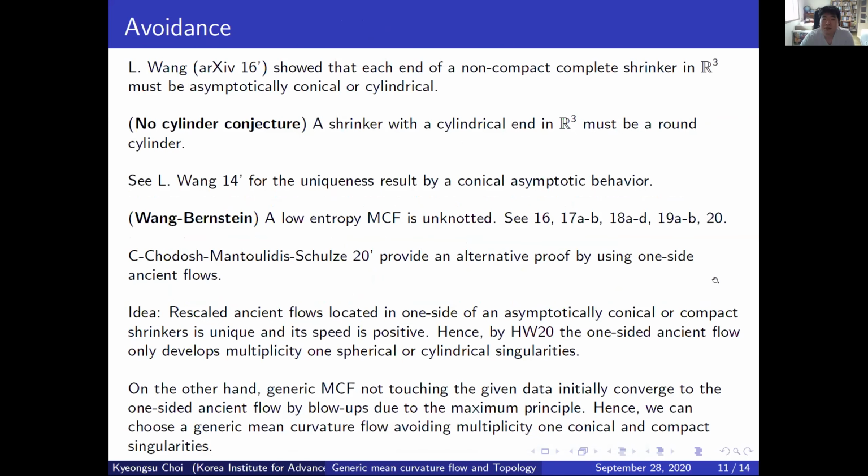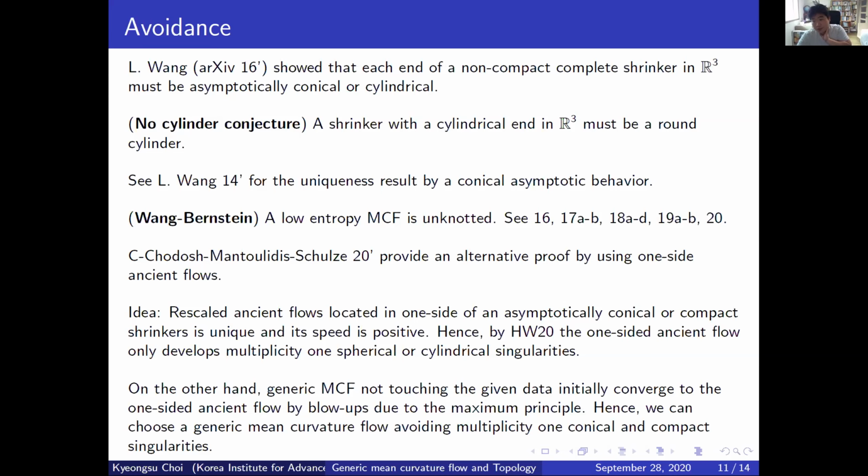Then I don't have enough time, so let me quickly mention how to consider avoidance. Actually, Lu Wang and Jacob Bernstein considered this avoidance first. They have many papers. Basically, they established some methods to avoid multiplicity 1 compact or asymptotically conical self-shrinkers.